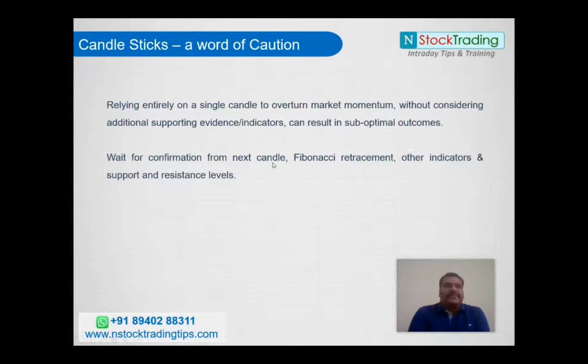What I'm saying is, don't just stick to one candlestick. Wait for the confirmation. That's very important. Or you can wait for more indicators like Fibonacci retracement, ADX, RSI, or Supertrend. You have to be very sure. Get the confirmation and then trade.